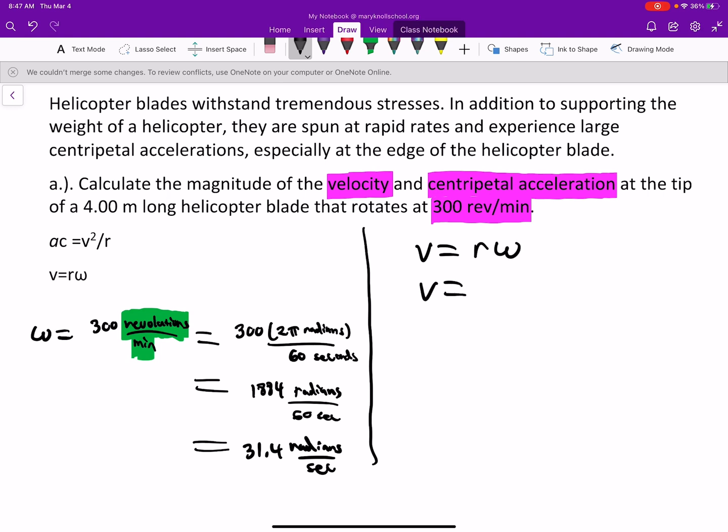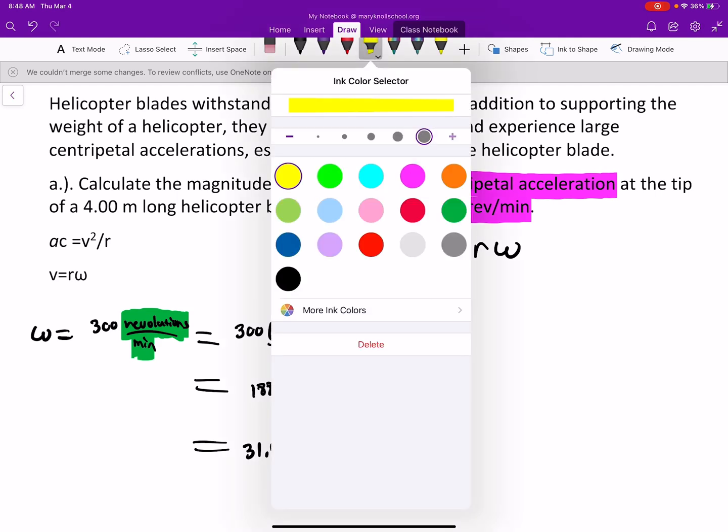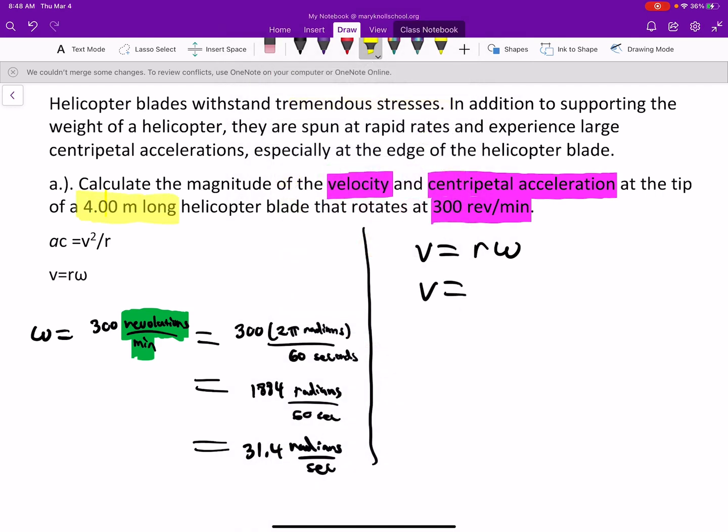So the velocity is going to be the radius. And it looks like each helicopter blade is 4 meters. So the radius is 4 meters. And then omega, we already know that's 31.4.